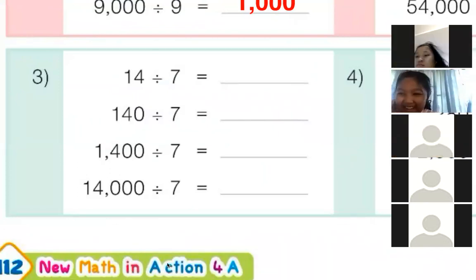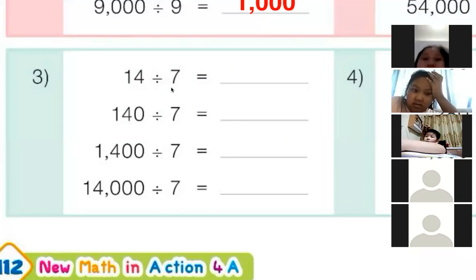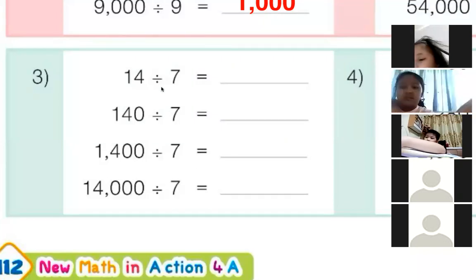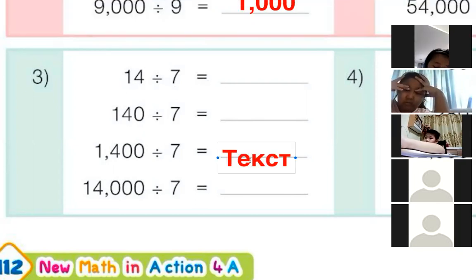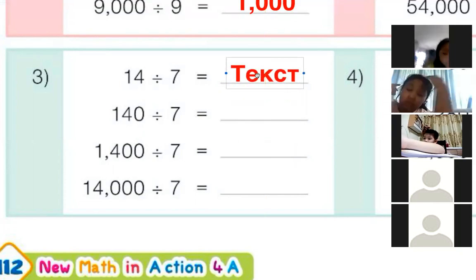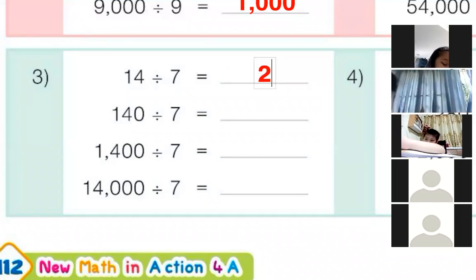Please read number 3 program. 14 divided by 14. Okay, 14 divided by 7 is 2. Very good. 14 divided by 7 is 2.